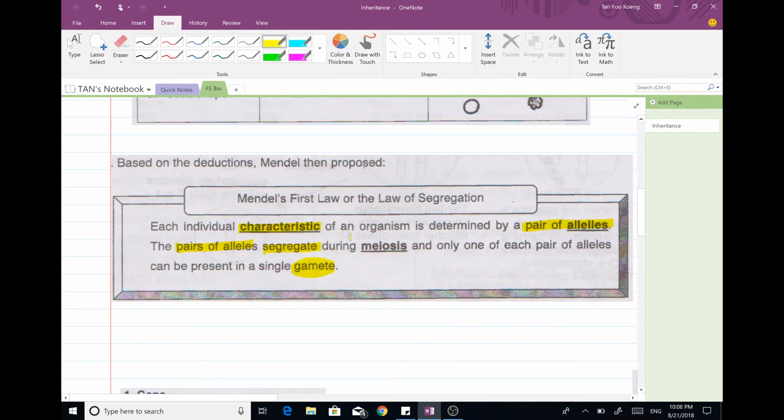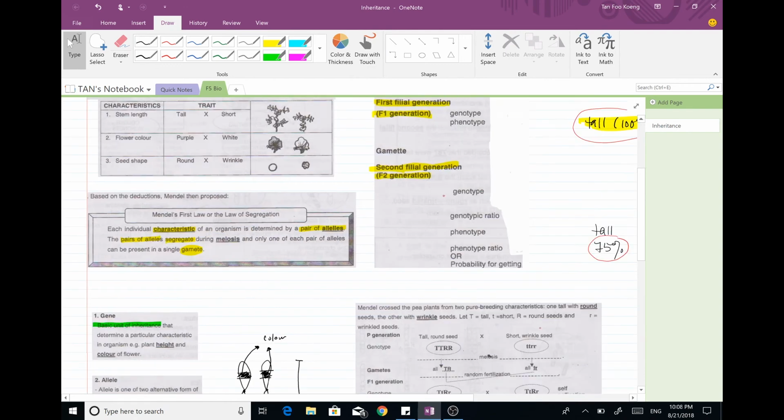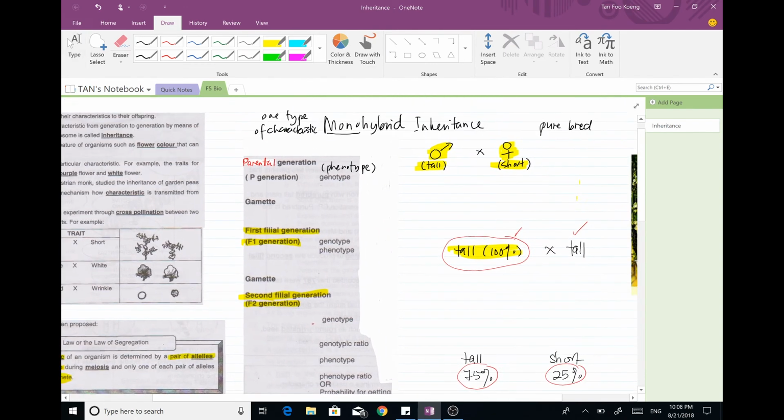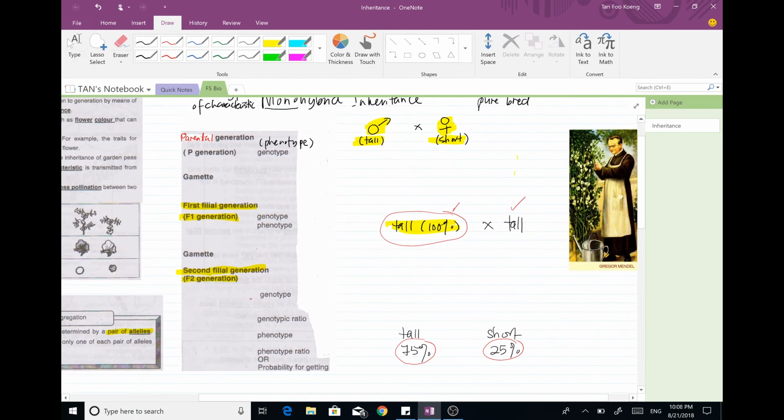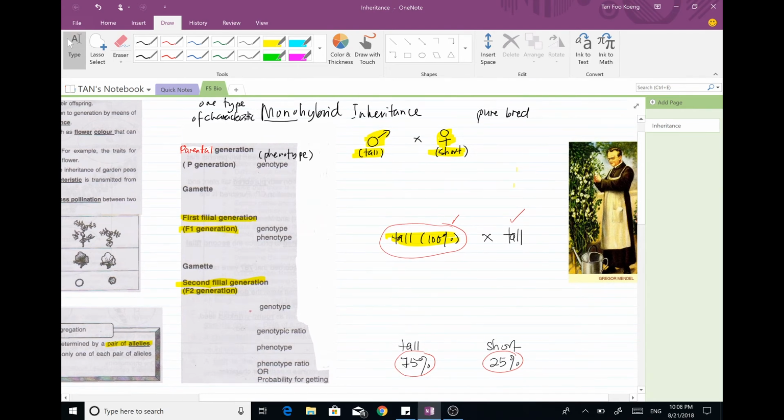Okay, so let's see. Now, to show this inheritance, we need to apply the terminologies that we learned just now. So this is a pure breeding tall plant, and let's say I give capital T as the dominant allele.